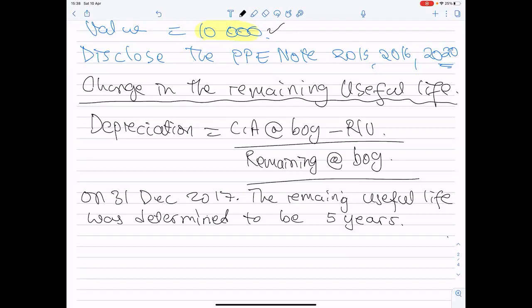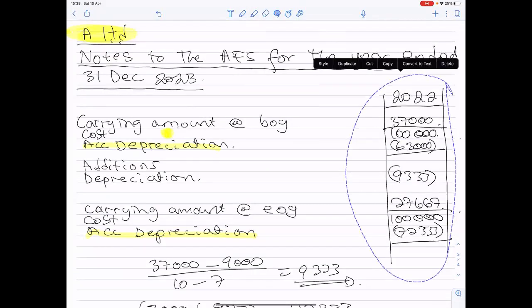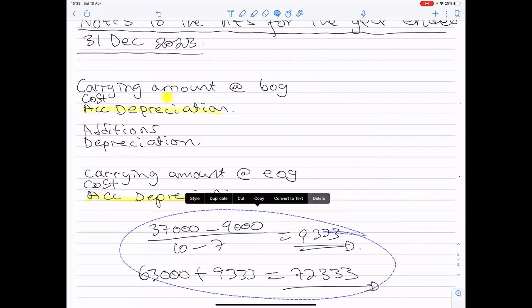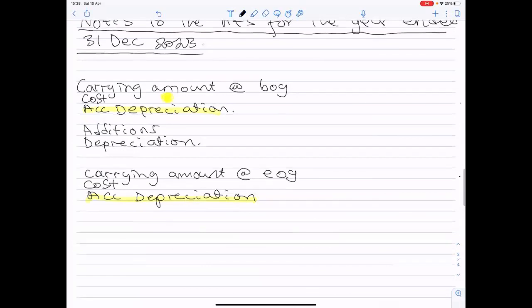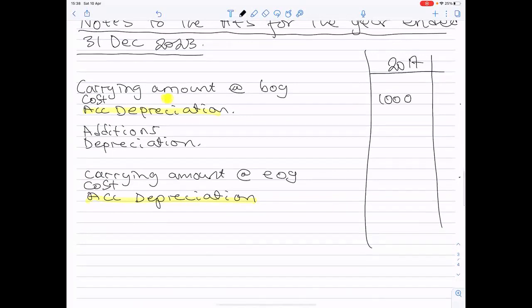Right. So let's look at the year. We said year 2017. The cost is still the same, 100,000.